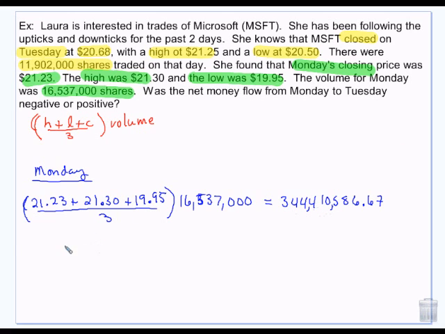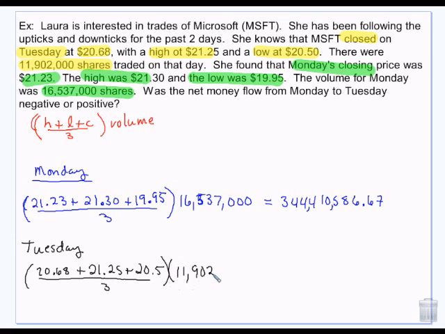And then we do Tuesday, and we get 2068 plus 2125 plus 2050. Divide that by 3. Multiply that by our volume, which is 11,902,000.